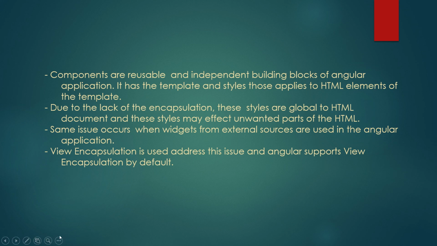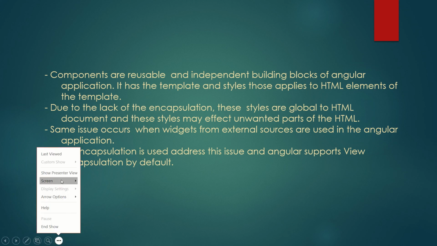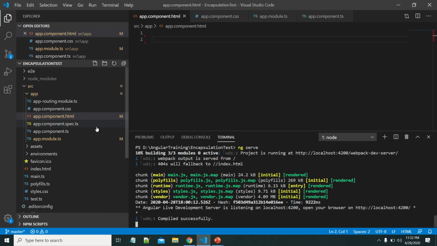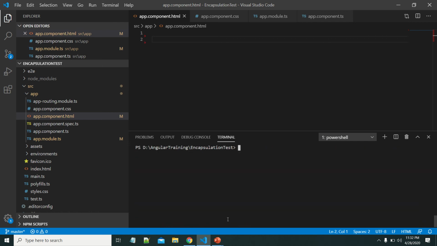Let us try to understand the meaning of these statements with a simple example program. This is a simple application which was created by Angular CLI. We can see the files related to the app component: app module.ts, and another one is the route module related file.